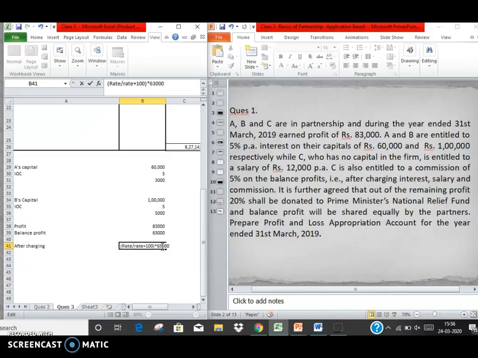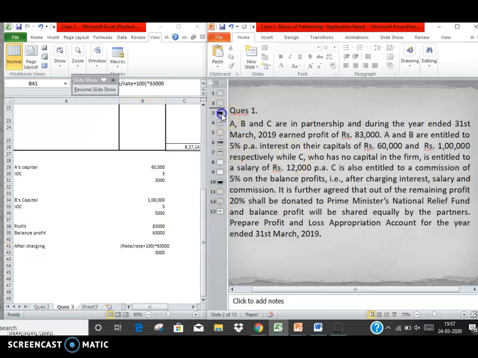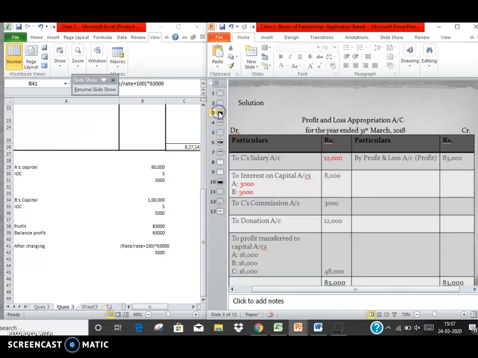So profit is 63,000. So rate is 5 divided by 105 into 63,000. So the amount is 3,000. If you see in the question, you'll see that it is 3,000.